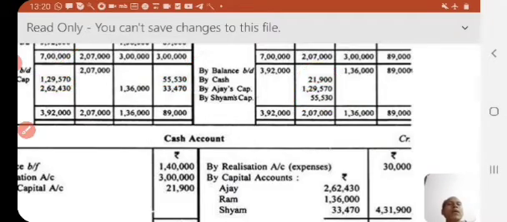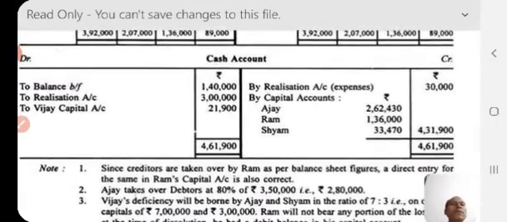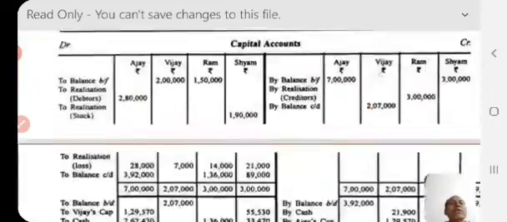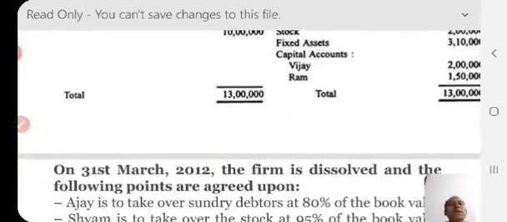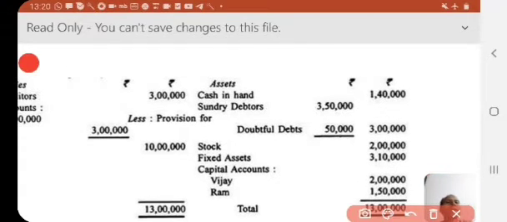Okay, now this is the cash account. 1,40,000 is the starting balance, which is shown here. See very carefully. This is the cash.